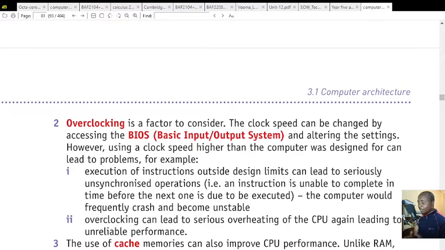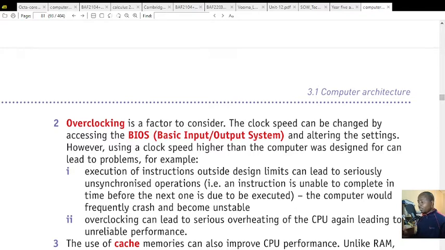Now, cache memory is the memory that is located within the CPU itself. Its major function is to store frequently used instructions, so that when the CPU needs them, it doesn't need to fetch data as far away as from RAM, but is able to get it from the cache and make use of it.